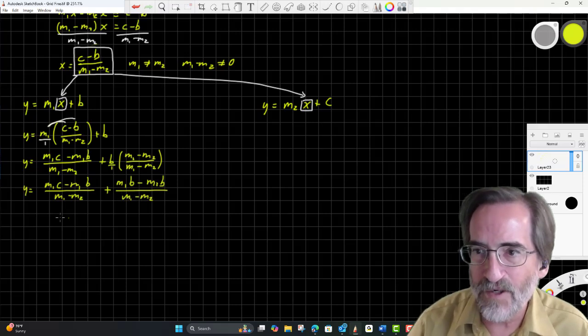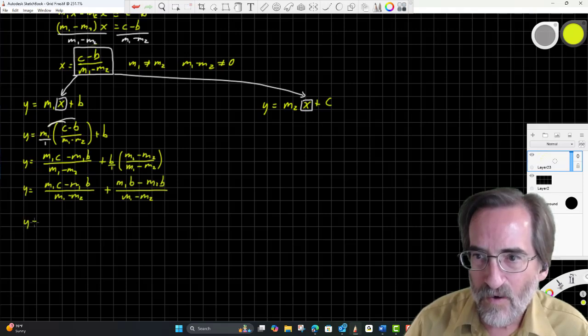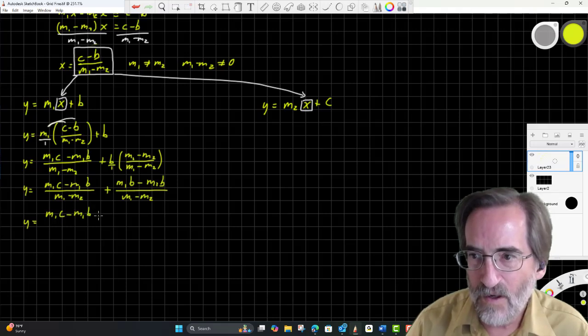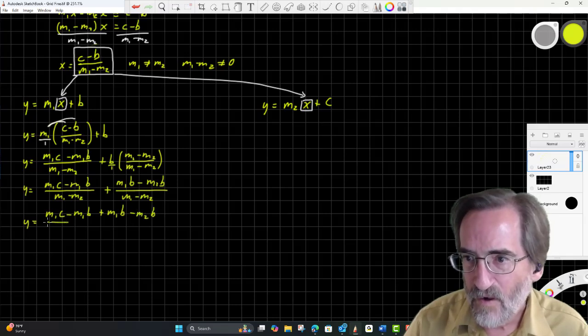Now we have a common denominator, so we can add the numerators. y equals m1c minus m1b plus m1b minus m2b, all over m1 minus m2.